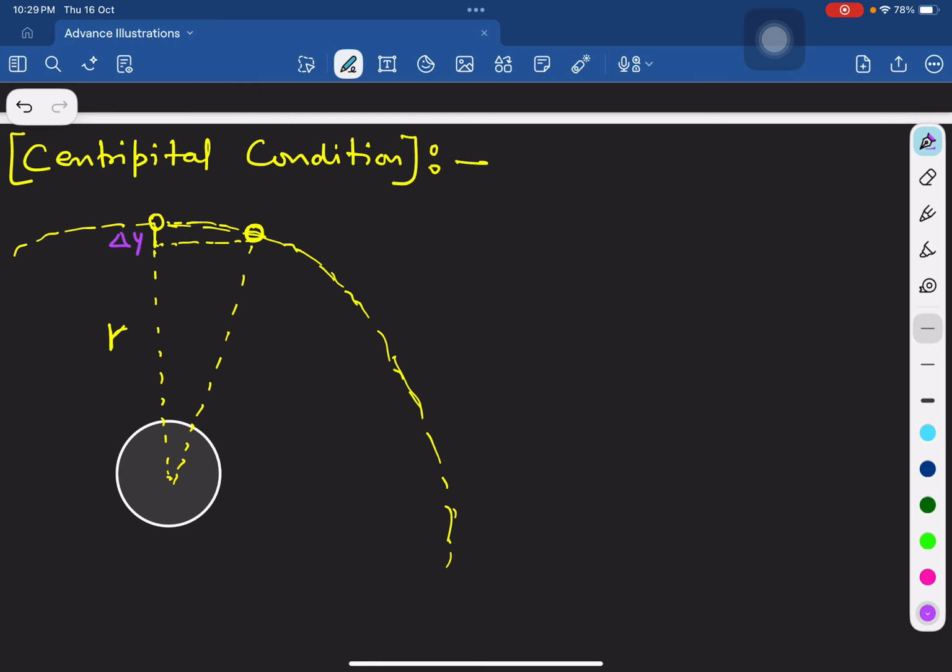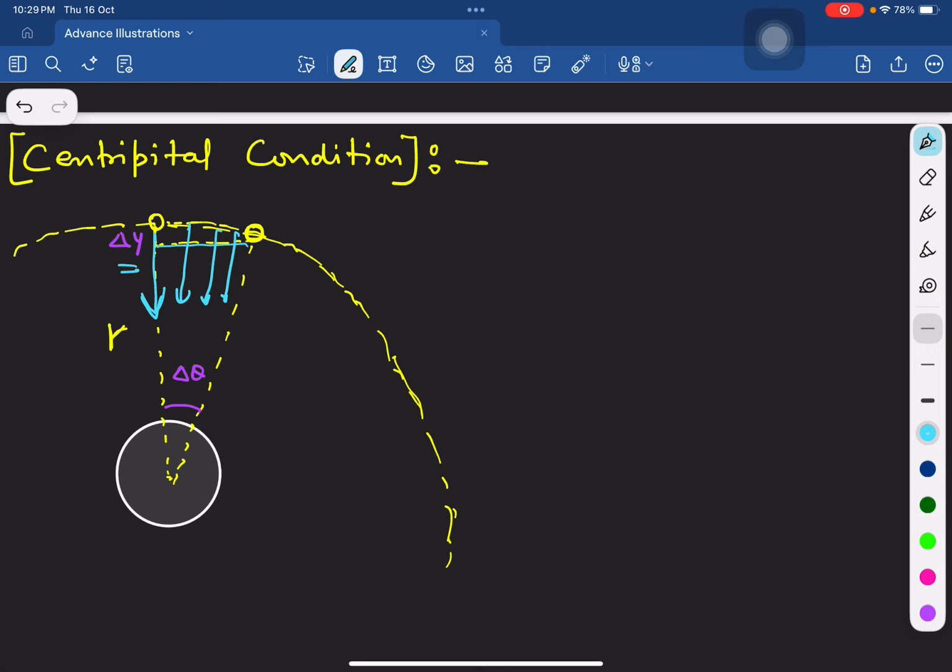Now if you see guys, for a very small theta, we can assume that this force is acting towards the center. The force acting towards the center is what brought this delta y displacement, because the body has no velocity towards the center, but still it has gone down by this delta y.